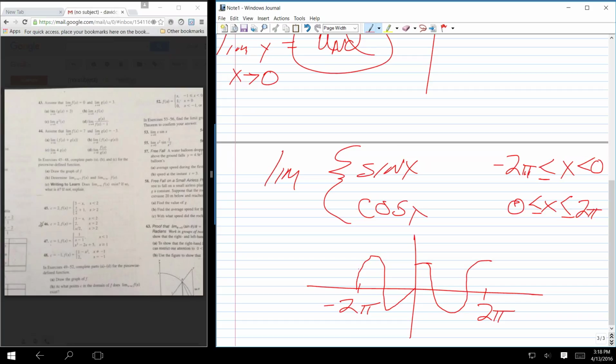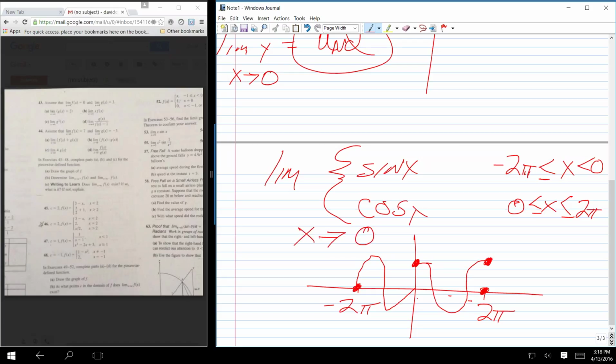The key point is that it's closed there, and closed here, or there, excuse me. What happens at 0? At 0 we have the right side, so that's closed there. And clearly they want the limit as x approaches 0.